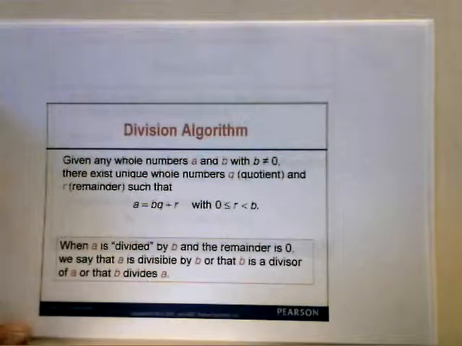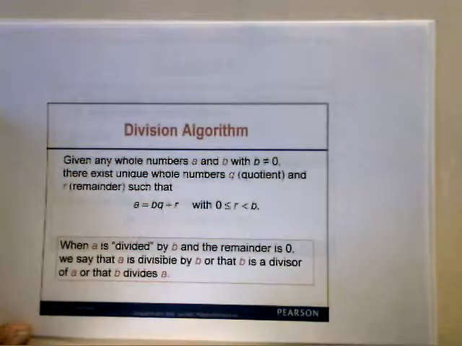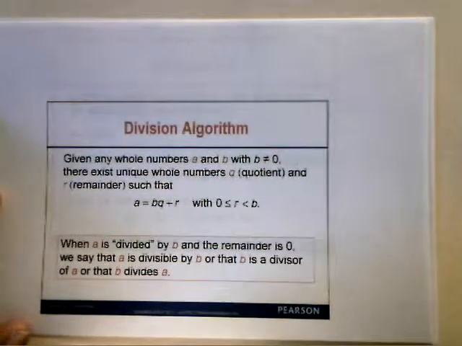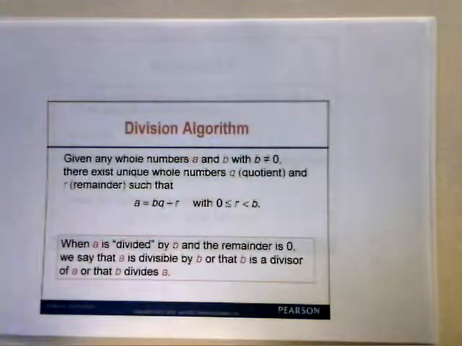Okay, the division algorithm is this: given any whole numbers A and B with B not equal to 0, there exist unique whole numbers Q, which is going to be the quotient, and R, the remainder, such that A is equal to B times Q plus R, where the remainder R is at least 0 but less than B. In other words, the remainder can be 0, but it cannot be bigger than your divisor.